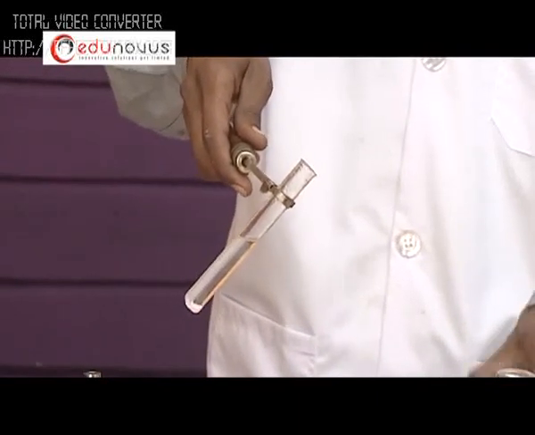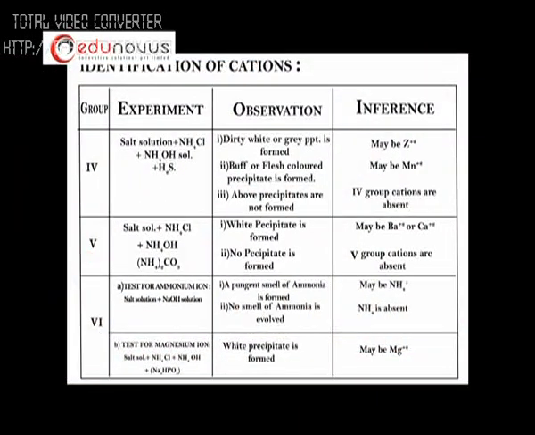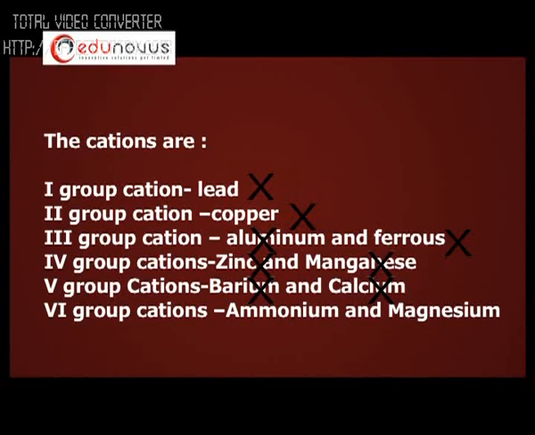No precipitate is formed. Therefore, we can infer that fifth group cations are also absent. Thus, we eliminate barium and calcium cations from the list.